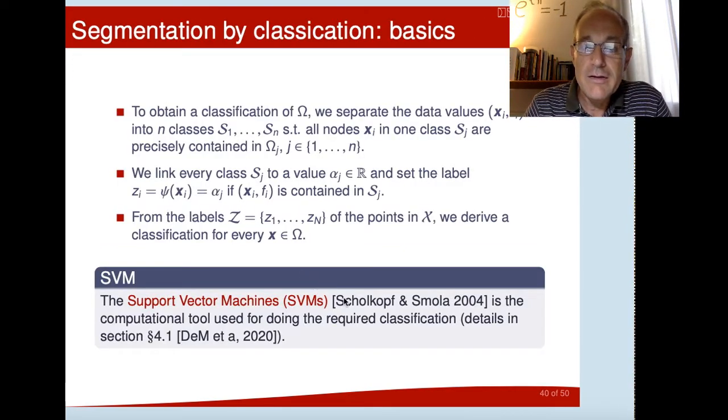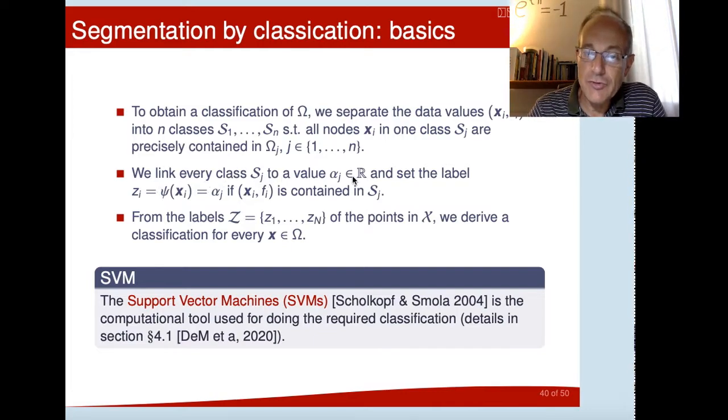So now, the segmentation by classification, the basic idea is the following: to obtain a classification of our Omega, which is indeed an image. You think of a function, but it is an image. We separate the values so that we sample our image in n classes that we call S1 to Sn, so that all the nodes in one class, let's say Sj, are precisely contained in Omega j.